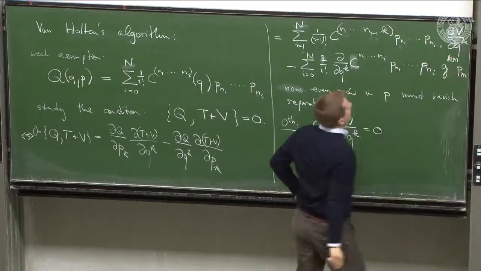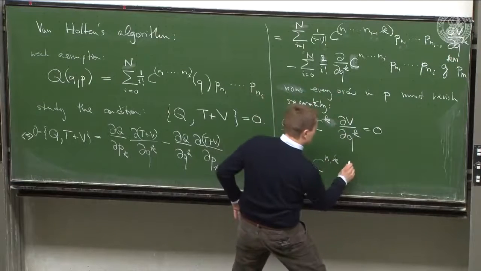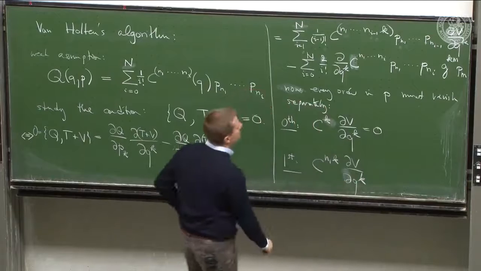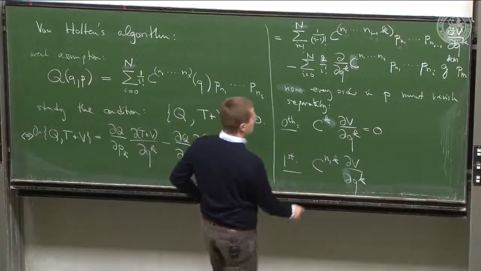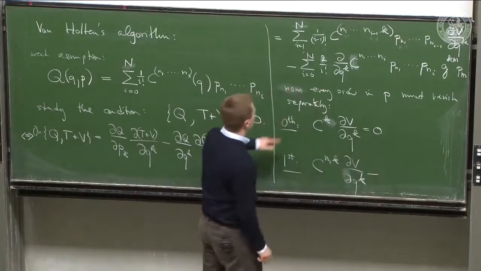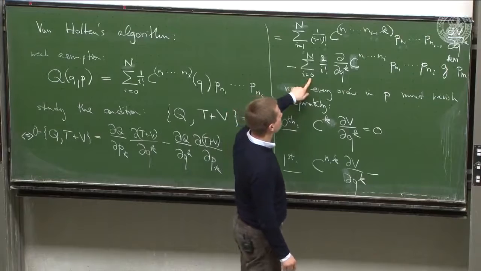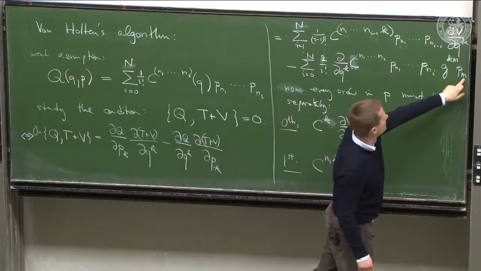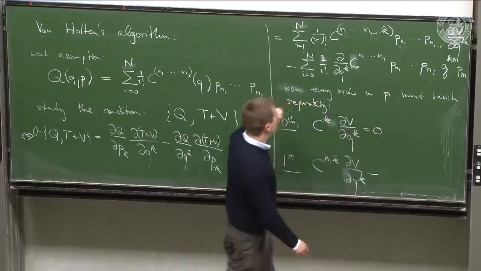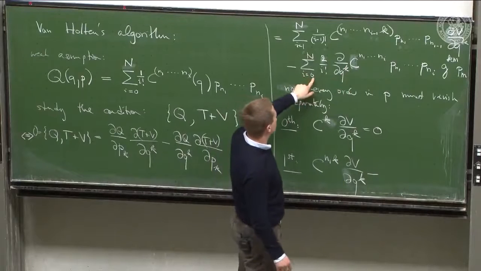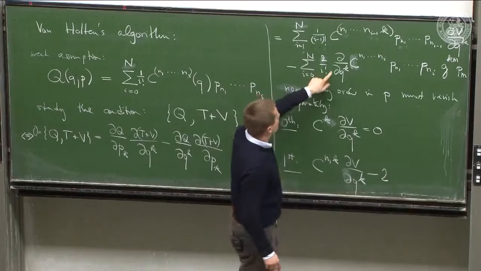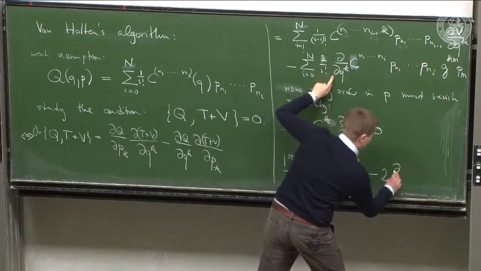And there is a dV by dqk. That's this guy. Then there's a minus. Now we come from here. You see, sorry, I wasn't complete. This one has no contribution because there's always 1 p. But now this contribution comes in. It's the I equals 0 term, there's a 2, minus 2. Now I have d by dqk.